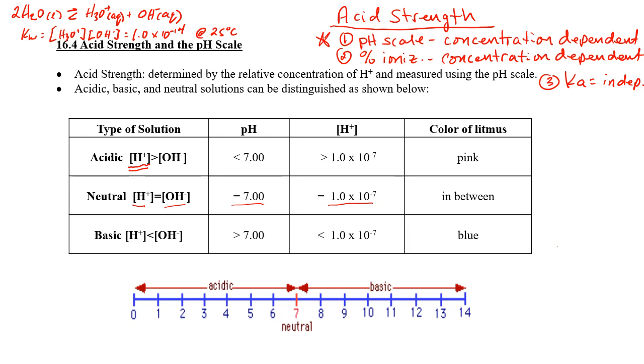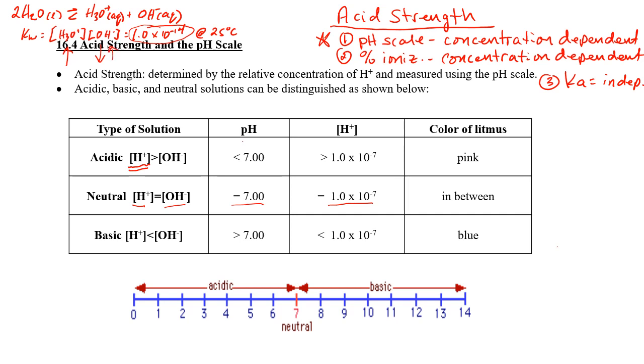So for an acidic solution, H+ or hydronium is greater than the hydroxide. Now, if you look at the Kw equation, the value is a constant. It can't change. So if the hydronium goes up, then the hydroxide must go down. Vice versa.